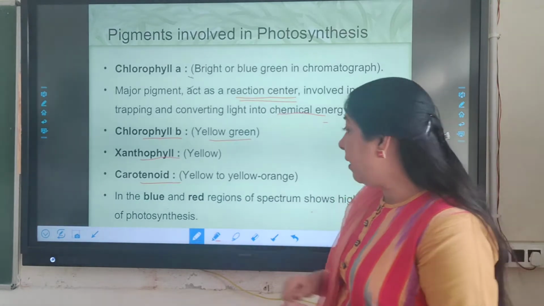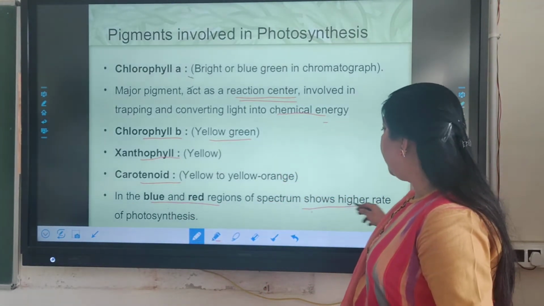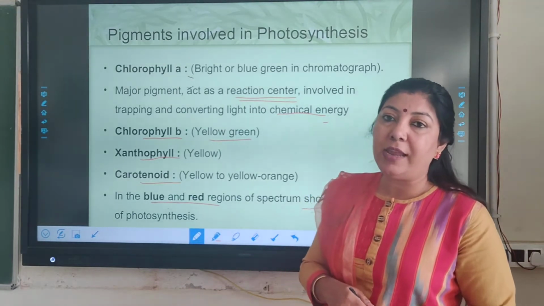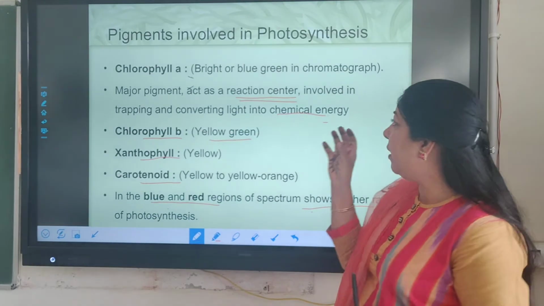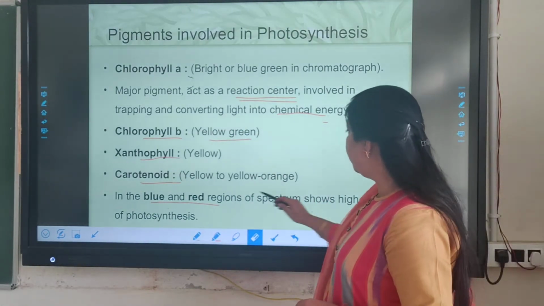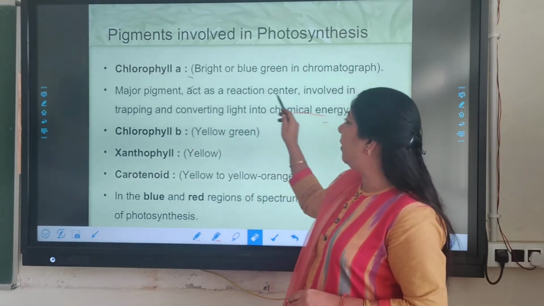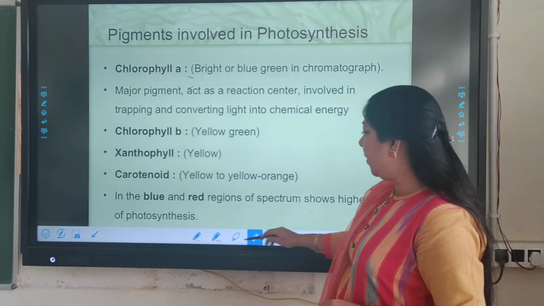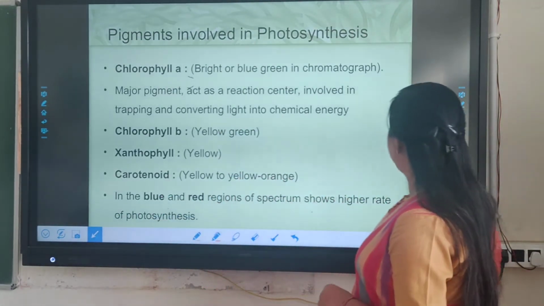So, in the blue and red regions of the spectrum, the light reactions will take place. And in these regions, the reaction center will absorb the light. So, these reaction centers are actually harvesting the light. That's why they are called light harvesting complexes. Let's study that.